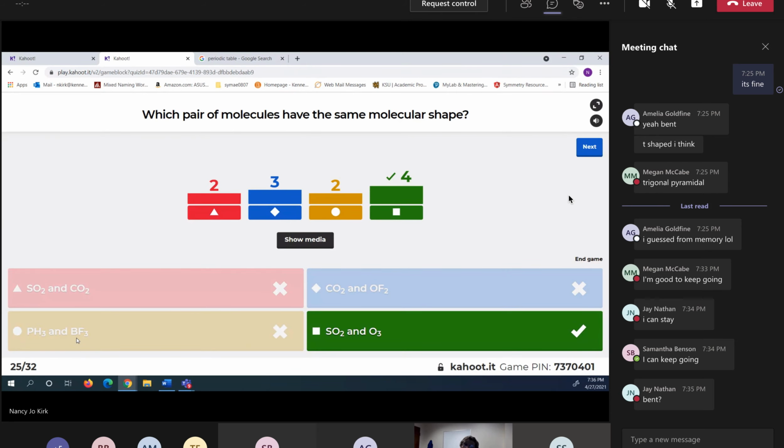If you remember that boron is always trigonal planar, at least for general chemistry purposes, then you will know that PH3 and BF3 are not the same shape, which leaves SO2 and O3 as the only possible answer. But you could prove it by doing the Lewis structures. That was just to help you think things through if you get in a hurry on the exam.